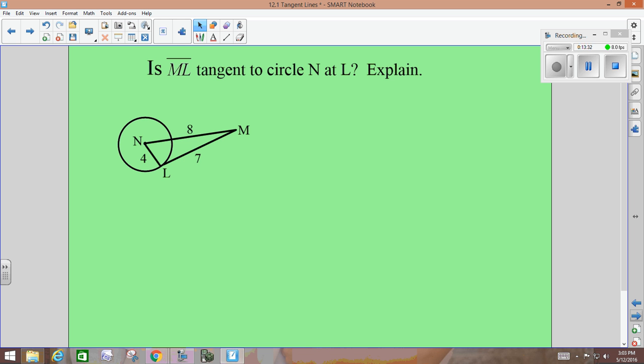It was really only touching it at L. How are we going to figure out if it's perpendicular to the radius? How can I figure out the angle measurement? Well, if it was perpendicular, what angle would be there? So what kind of triangle would we make? So what theorem could I use to back up our thought process here?